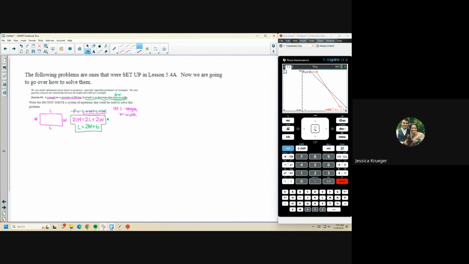So my system of equations is right here. What I notice is L is by itself. I know what L is equal to, so I'm going to substitute that into my top equation. 204 equals 2 times 2W plus 6 plus 2W. I'm going to distribute.